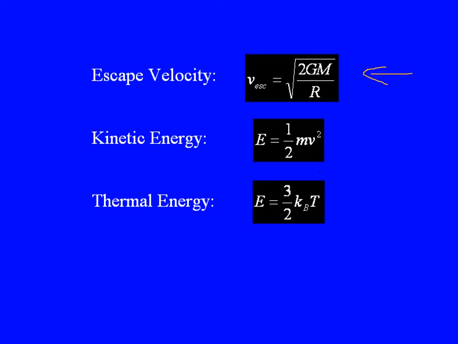The smaller the radius, the harder it is to get away. The moon has about 1/4 the radius, but it's got 64 times less mass than Earth, so it's much easier to get away from the moon than it is to get away from the Earth. That's why the Apollo rocket that went to the moon, the Saturn V, was a huge rocket that left Earth, but a very small thing left the moon.